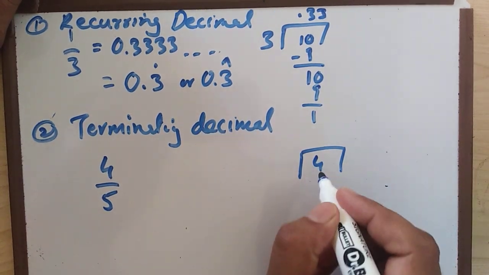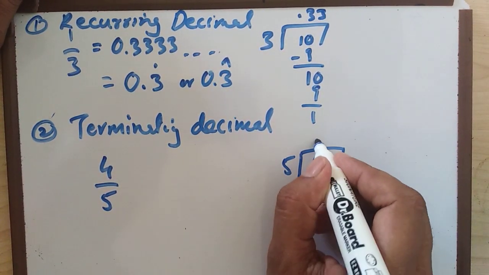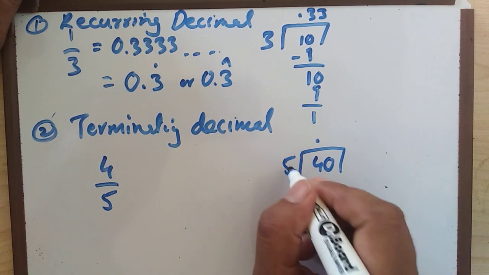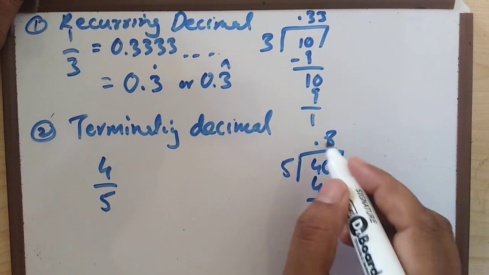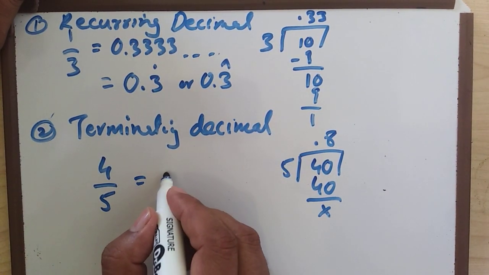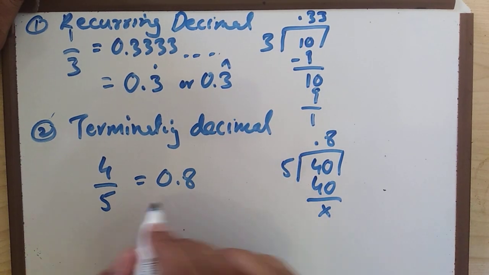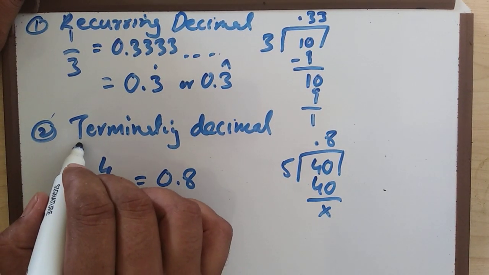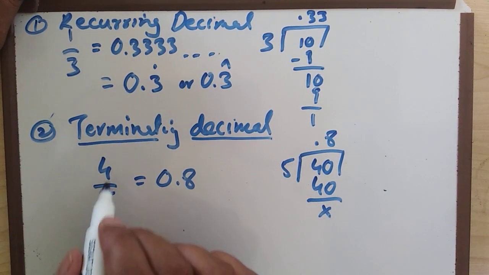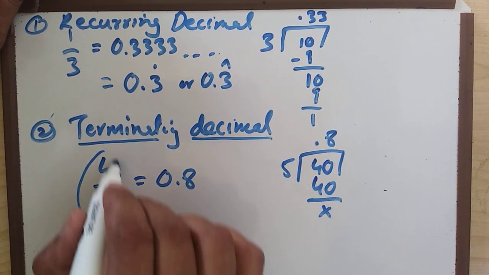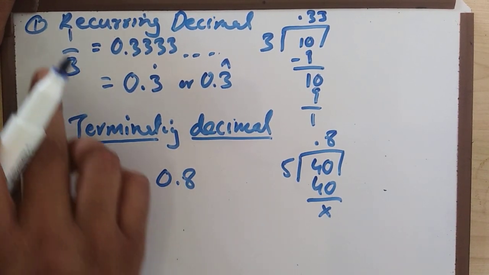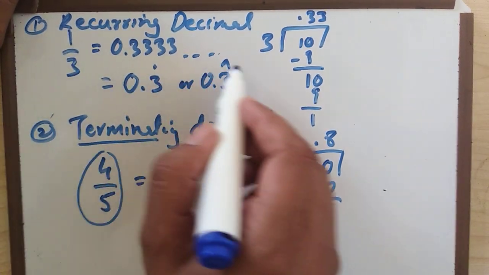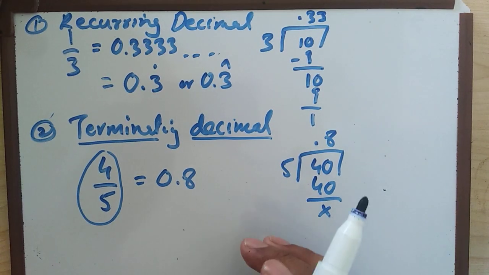Dividing 4 by 5, introduce a point and 0 here. 5 8s are 40, which means the number is completely divided and the answer is 0.8. Such answers are known as terminating decimals. So 4 upon 5 is a terminating decimal, and 1 upon 3 is a recurring decimal. Both are properties of rational numbers.